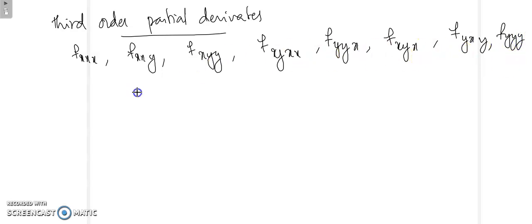So they are 8 in number. So these are the third order partial derivatives. ഇതുപോലെ നമുക്ക് fourth order, fifth order, എത്ര വേണേലും order partial derivatives define ചെയ്യാം.